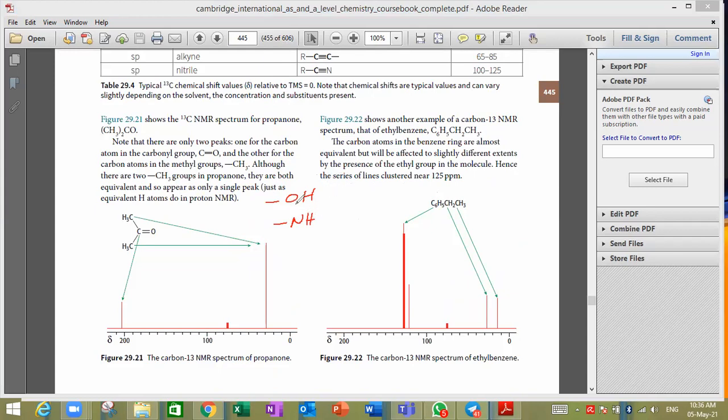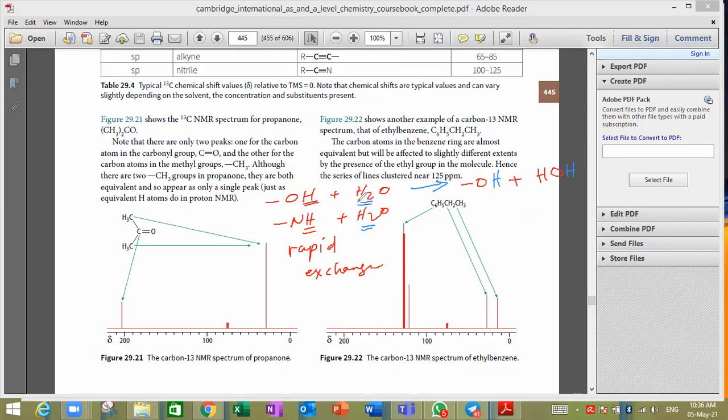This is because we said that in the presence of water, there will be a rapid exchange between the hydrogen that is present in our molecule and the hydrogen that is present in water. They exchange together rapidly. It means that if we have an alcohol, then it will form OH plus HOH.